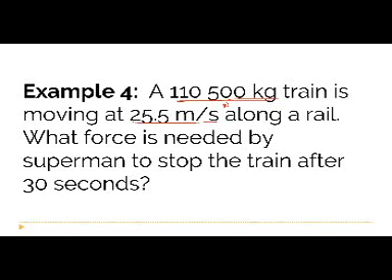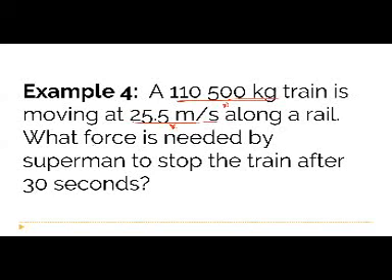Then we have the velocity. Since it is moving, we have the velocity. Since this is the velocity of the object before acceleration, this is our initial velocity along a rail.